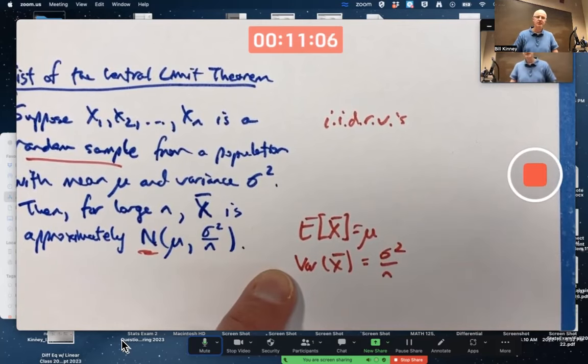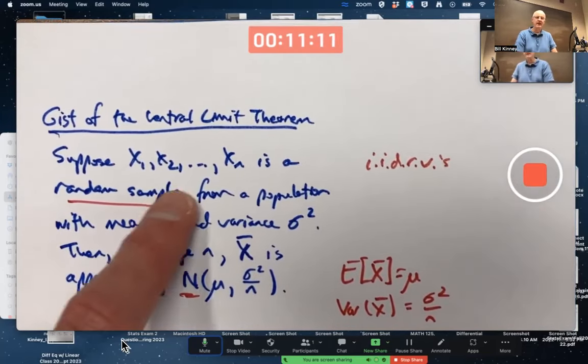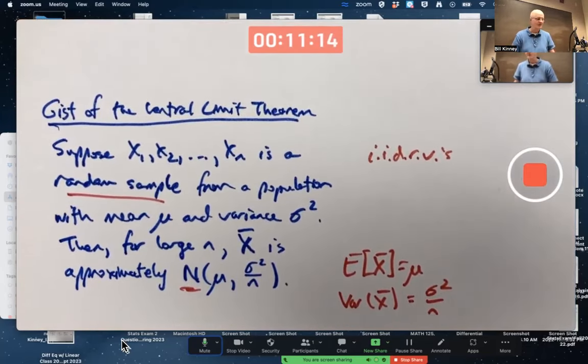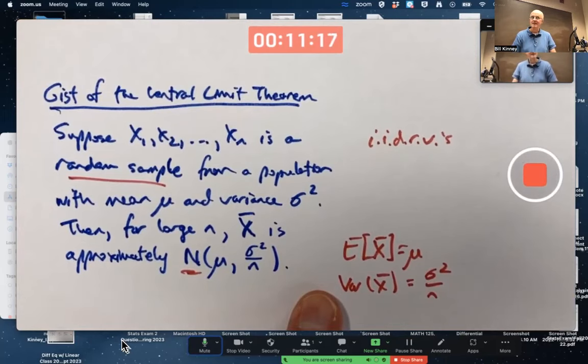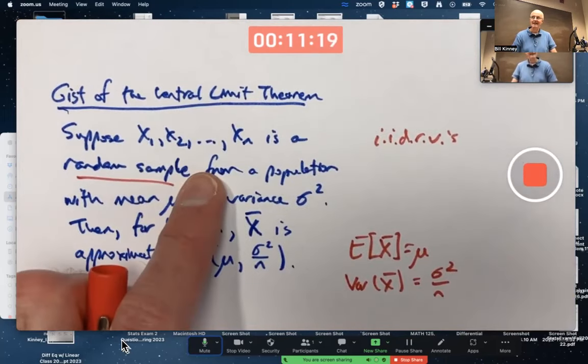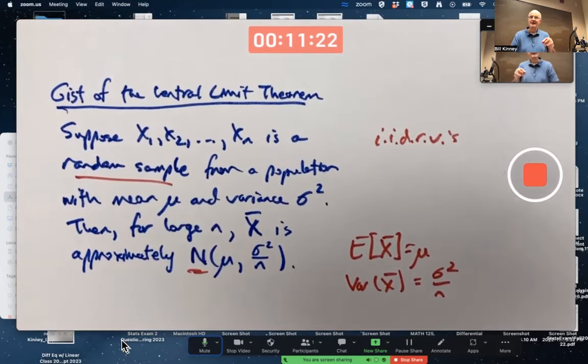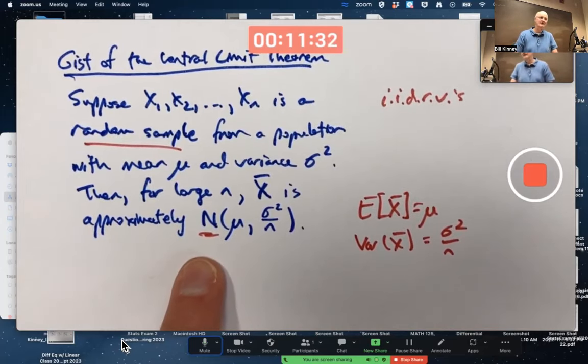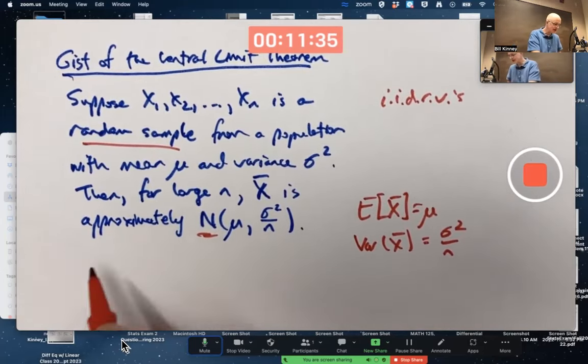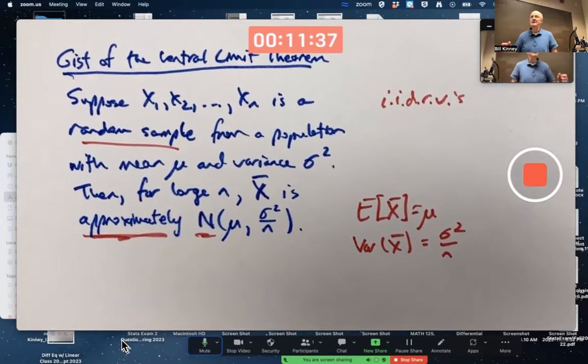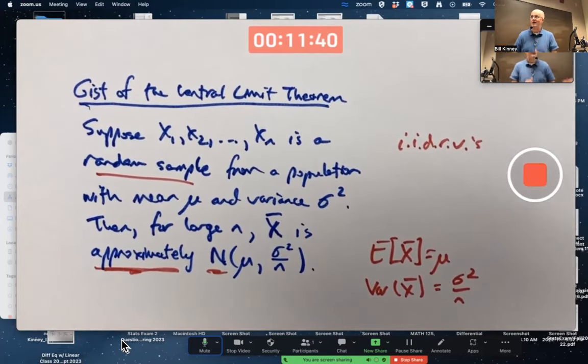You prove this one using properties of variances, assuming that you've got a random sample. So that does assume these variables are independent. That's important for the variance one, at least, that those things are independent. The variance of a sum is the sum of the variances when the variables are independent. The only thing significantly new here is the normality. But it is still just an approximate normality, as opposed to the thing that I called the cornerstone theorem being an exact normality when you're sampling from an exactly normal distribution.